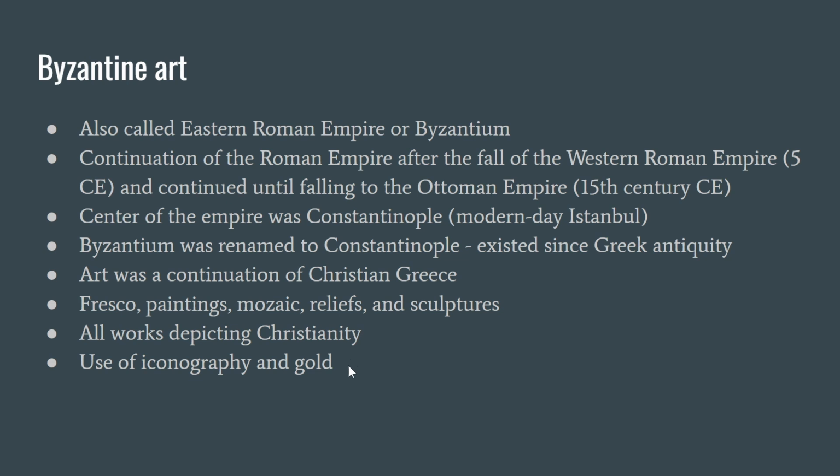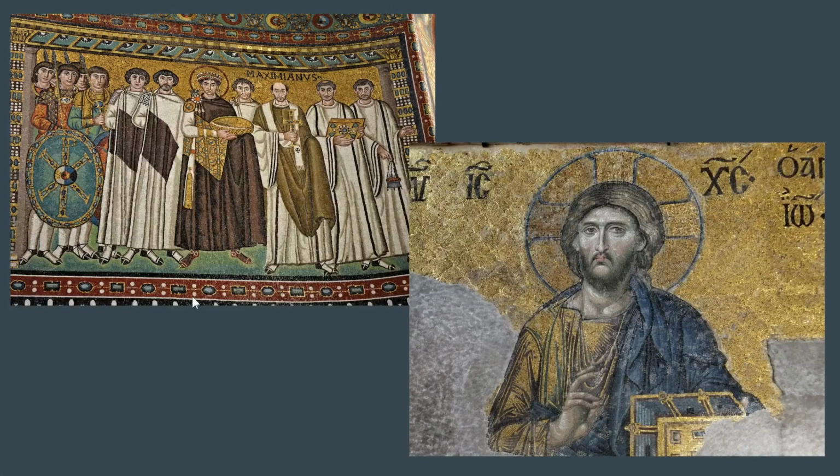And a lot of gold was used in the artwork. Okay, so here are some examples of Byzantine art. So lots of gold everywhere. Well, this is a painting on a wall. I think it's a mosaic.